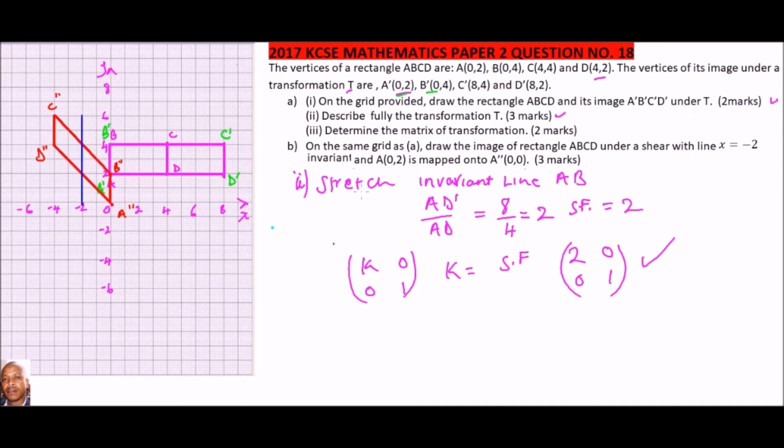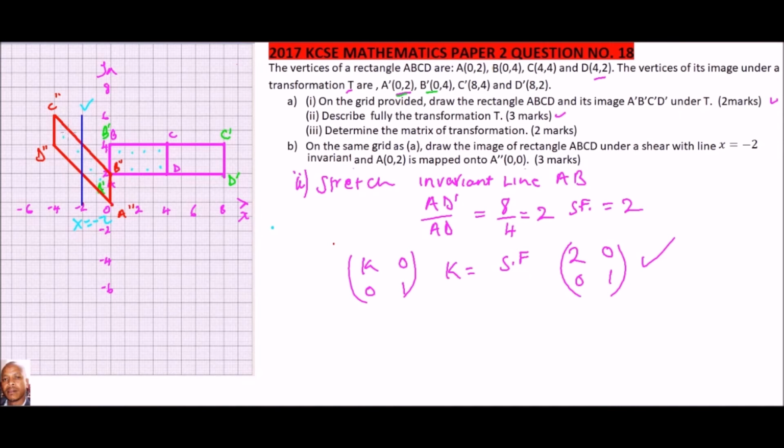So this is our image. This is the invariant line, that is x = -2. And if you count the number of squares of the object, this is 1 2 3 4 5 6 7 8. There are 8 squares, so there are 8 square units. If you count the full squares here, 1 2 3 4, those are 4.